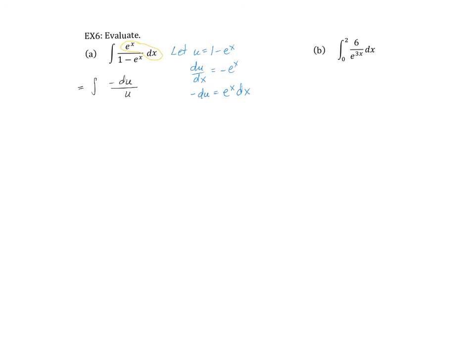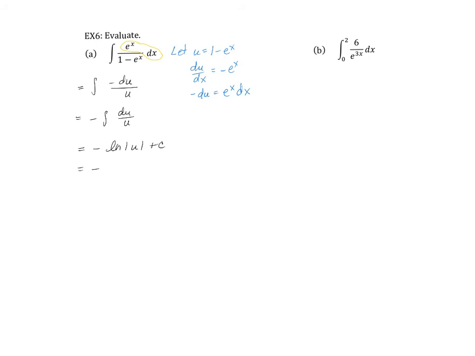So this is going to be the negative integral of du over u, or 1 over u times du, which is negative natural log absolute value of u plus c.